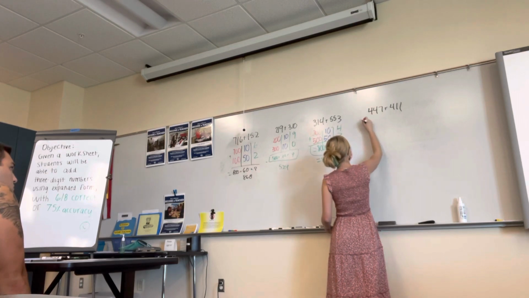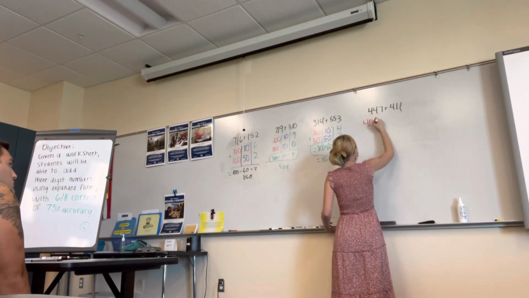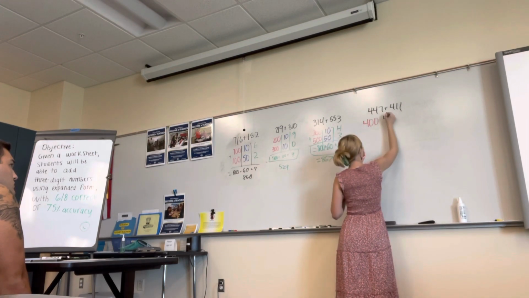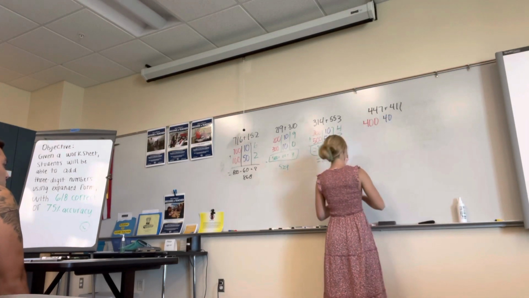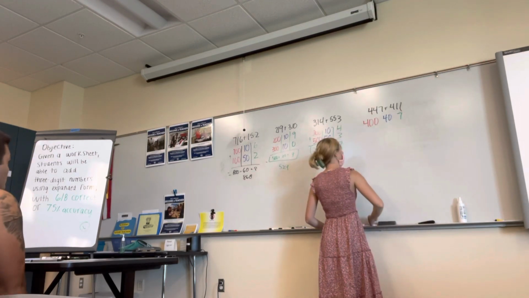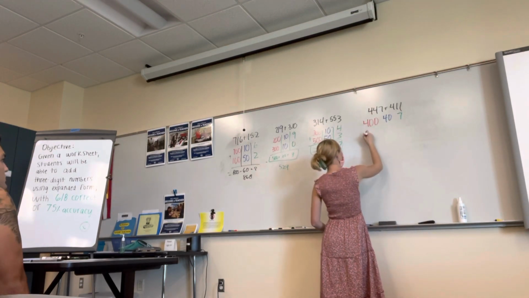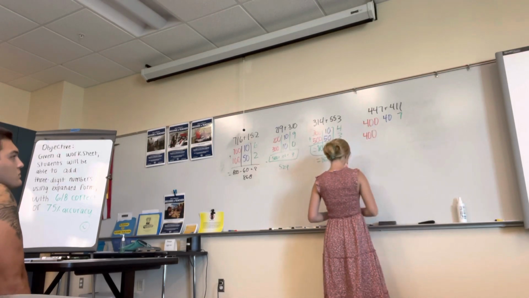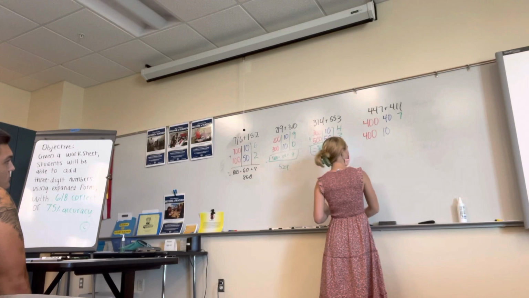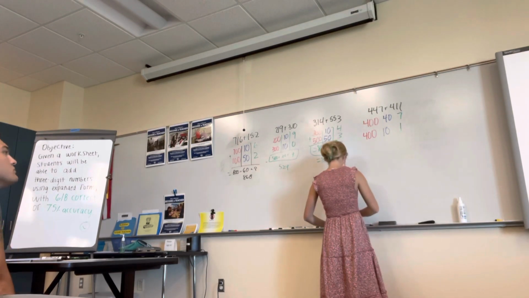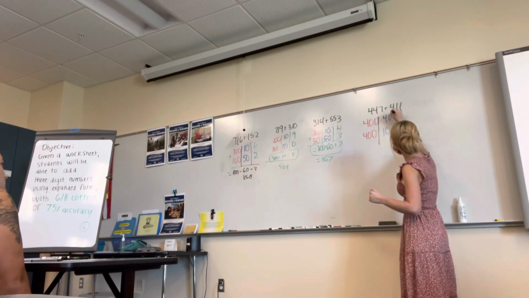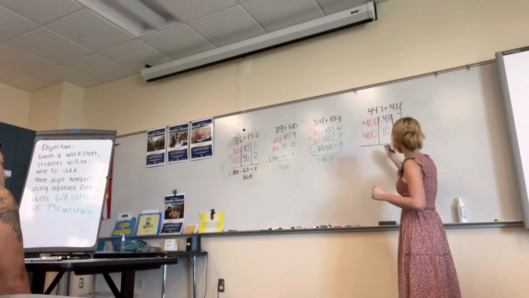So 447 can be broken down into 400, 40 for the tens place, and for the ones place 7. 411 can be broken down into 400 for the hundreds place, 10 for the tens place, and 1 for the ones place. Again, on your worksheet, the lines and boxes are already there, but it's not up here for me.